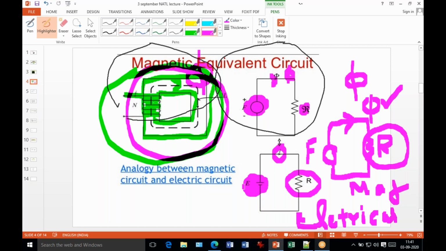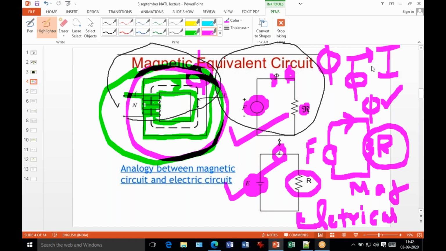If you see these two circuits, this circuit and this circuit, the behavior is the same. Here in the electrical circuit, some supply is required, some energy source. So here also some source is required. Without a source, your flux is not generated in your circuit. In the electrical network, this is the current, but in a magnetic circuit, the flux is available.